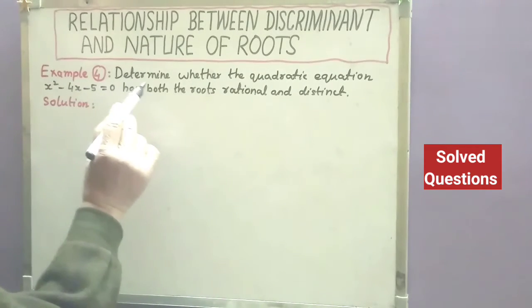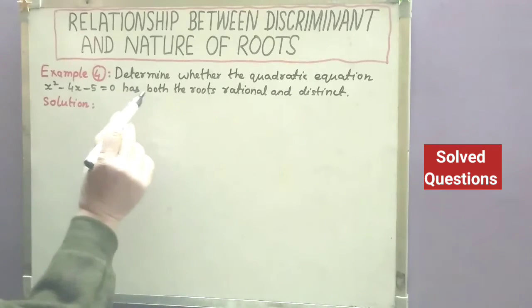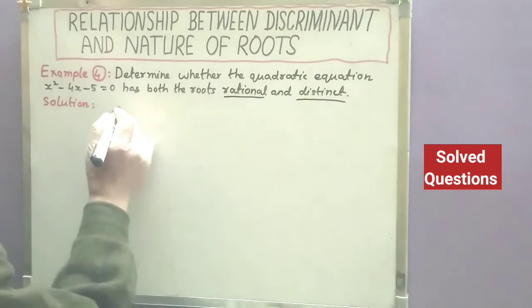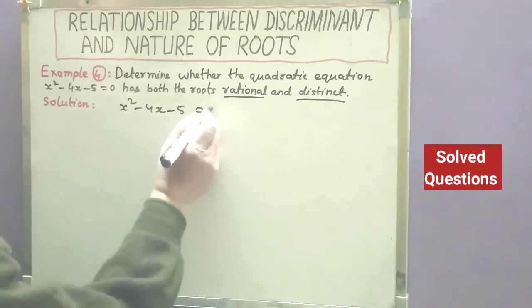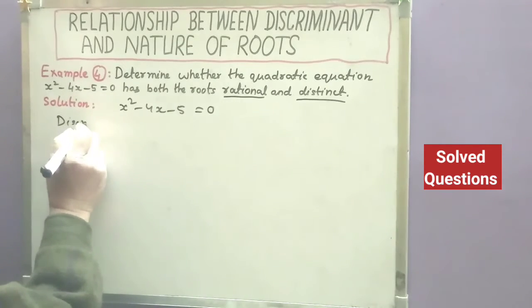Example 4. Determine whether the quadratic equation x² − 4x − 5 = 0 has both the roots rational and distinct. Let's solve this question. Given that x² − 4x − 5 = 0.